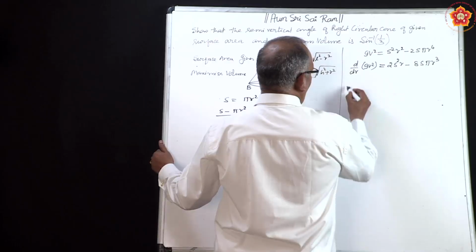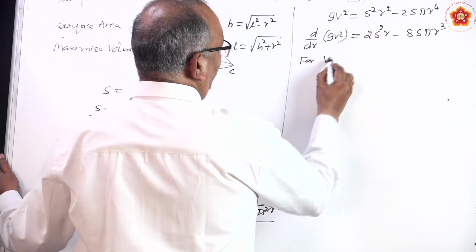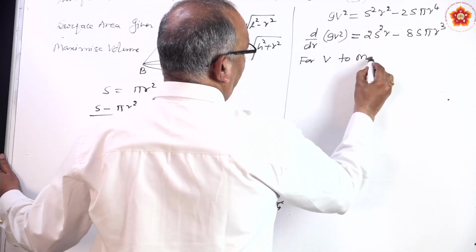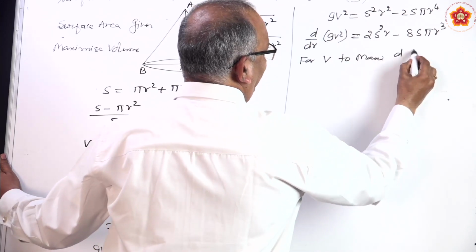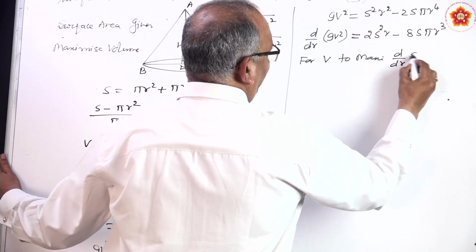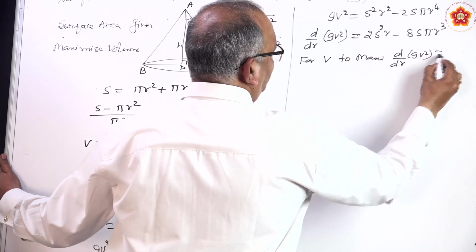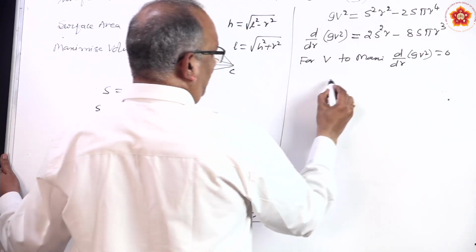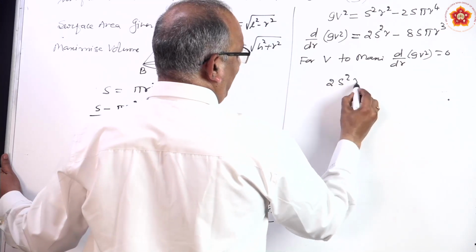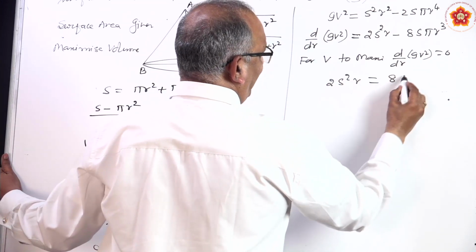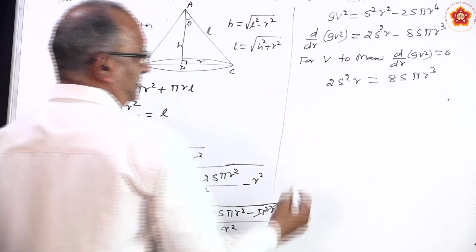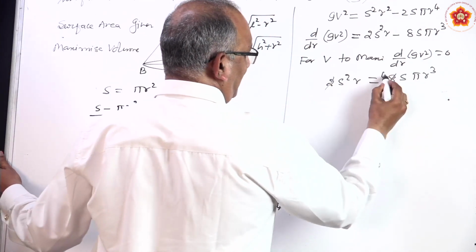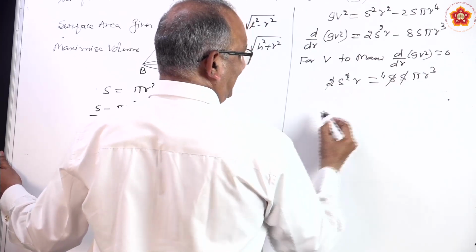So for v to be maximum, we can say that d/dr of 9v square is 0. So if you equate with 0, you are going to get 2s square r is equal to 8s pi r cube. Simplify it. 2 1s are 2, 4 s are, 1s gets cancelled.